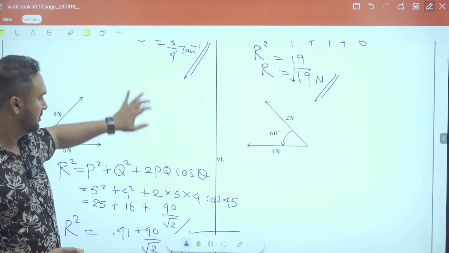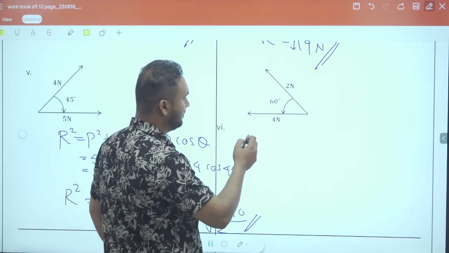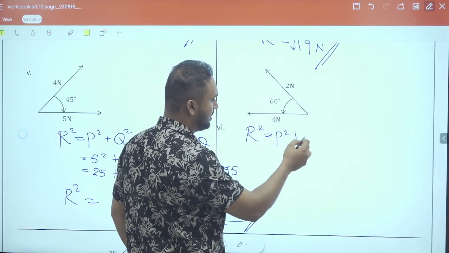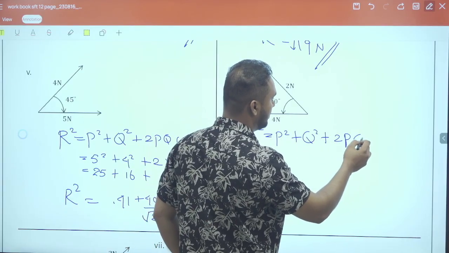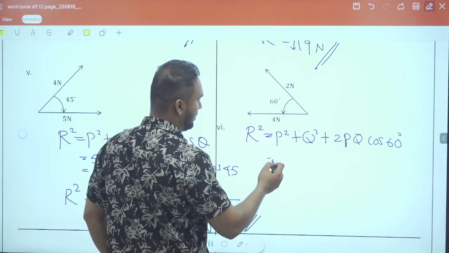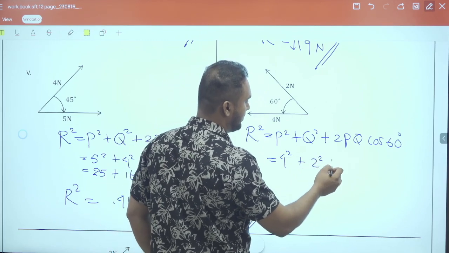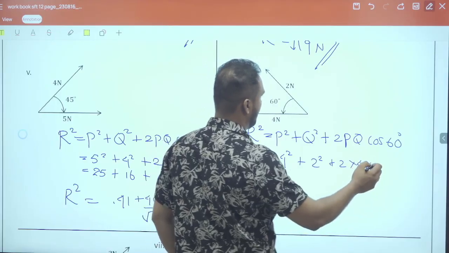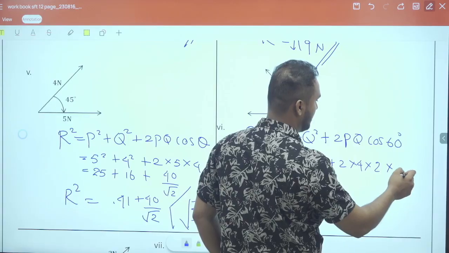Come to the final one. This one, right? It's again the same. R square equals P square plus Q square plus 2PQ cos 60. Now P square is 4 square plus 2 square plus 2 into 4 into 2 into cos 60, or half.